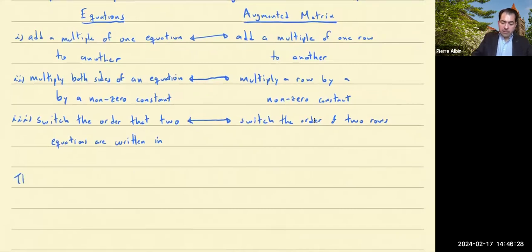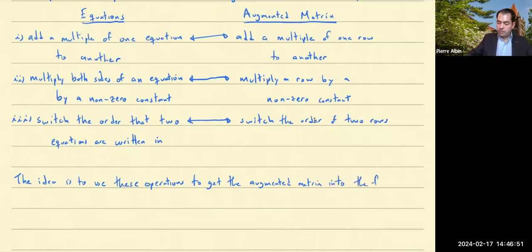Now the idea is to use these operations to get the augmented matrix into a form like this one.